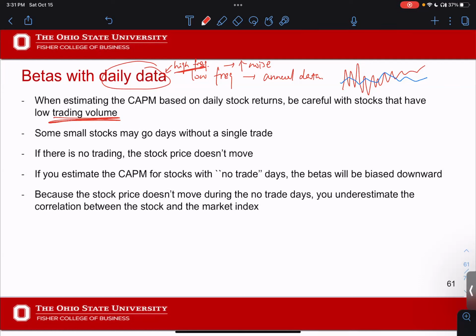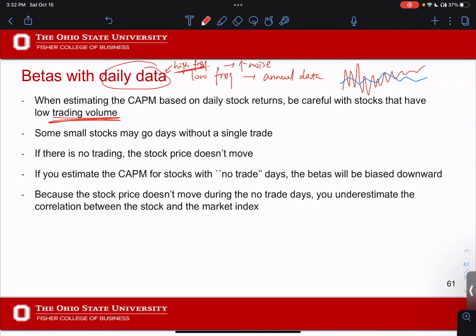And again, the stock prices that you use most of the time are the real transaction prices. So it has to be traded between investors so that you can have a transaction price. If no transaction is going on, usually in the data, you just observe the same price, not moving, as the most recent transaction price.